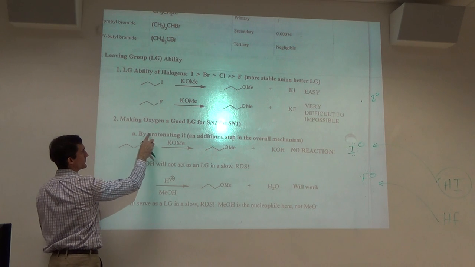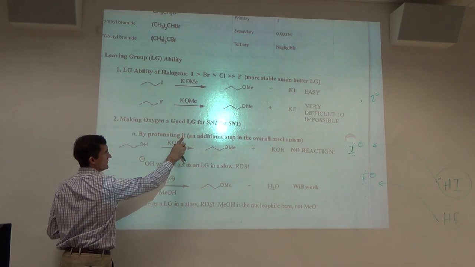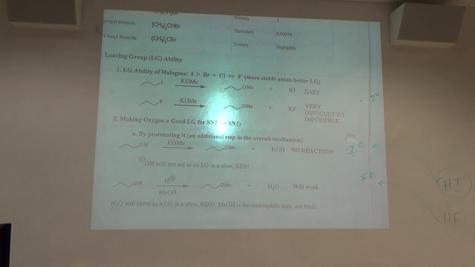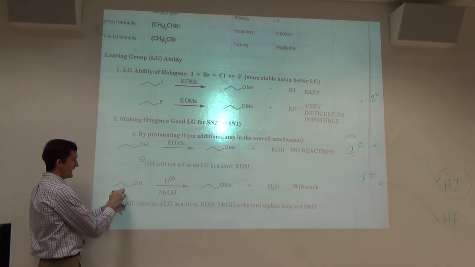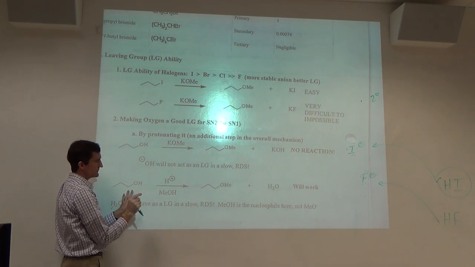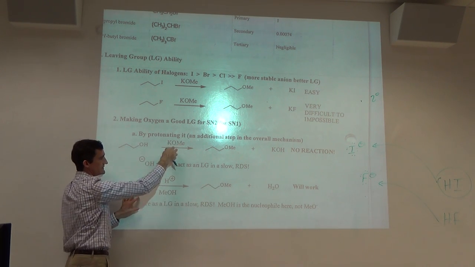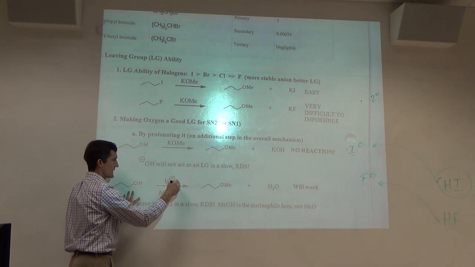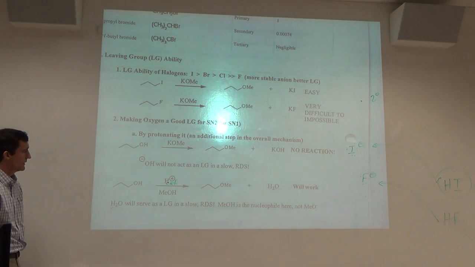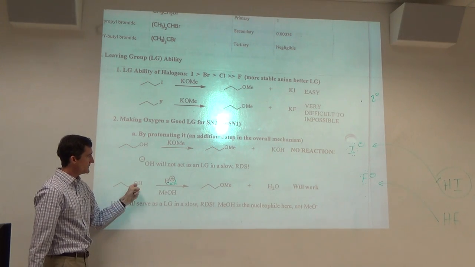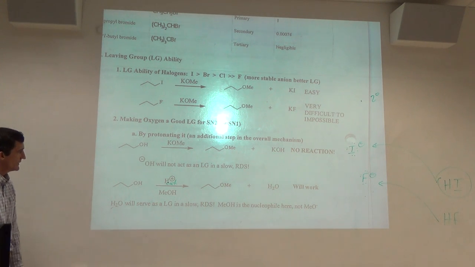One way to do it is by protonating it. This is an additional step in the overall mechanism. It's an activation step. If you take the same alcohol, we can get the product by doing it this way. Instead of methoxide, just use methanol and an H+ catalyst. Protonate the OH, and we can get it to be a leaving group.